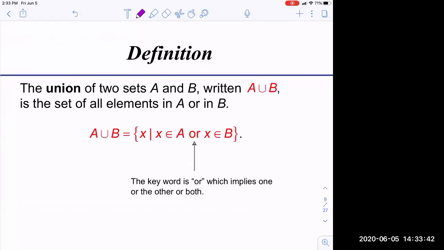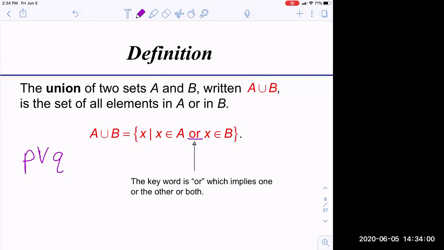So union looks like an upside down U. This is the same as P or Q. This is the disjunction. And the key word is "or."